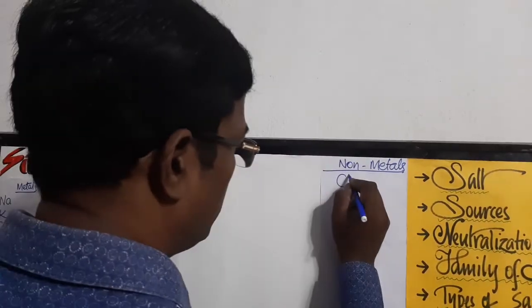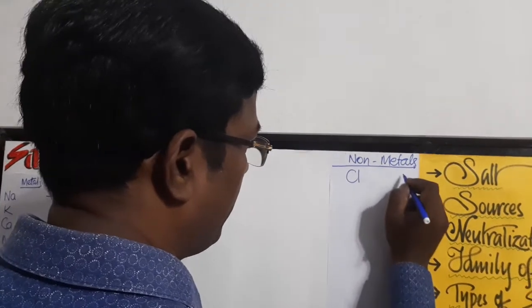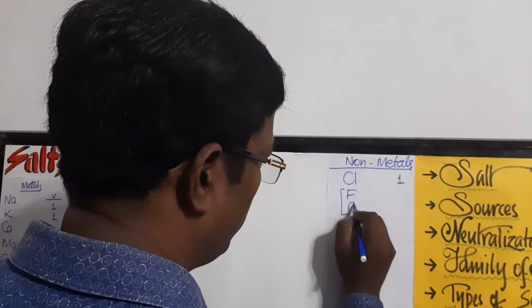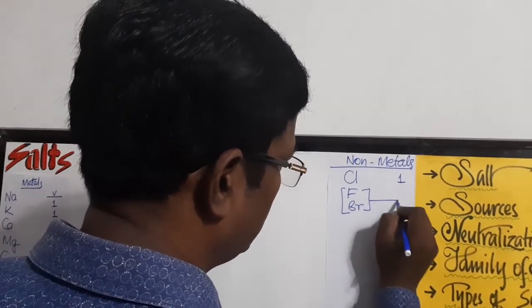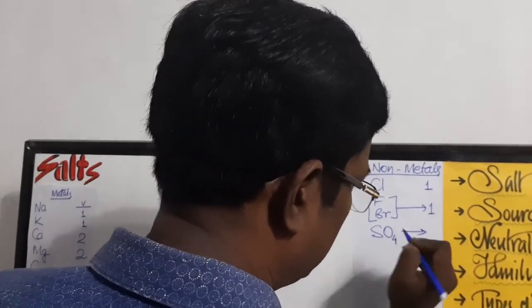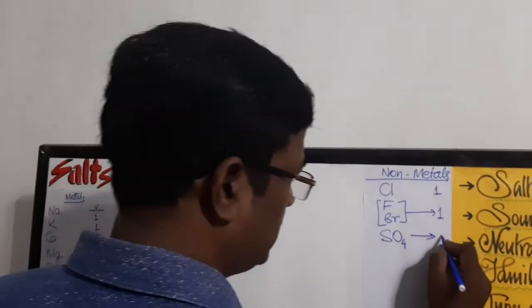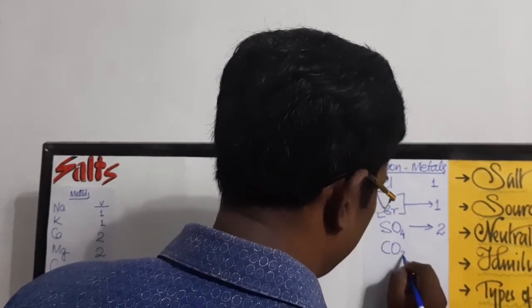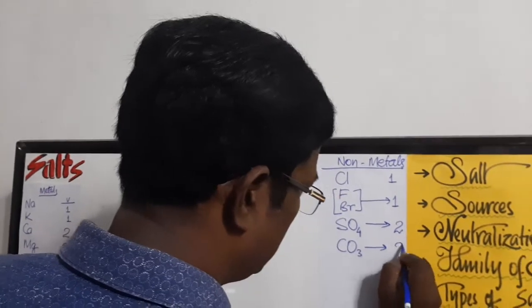We should know chloride ion, the valency is 1, fluoride and bromide also, they have a valency of 1. Sulfate ion, from which sulfuric acid is formed, has a valency of 2. We have carbonate ion, the valency is 2.